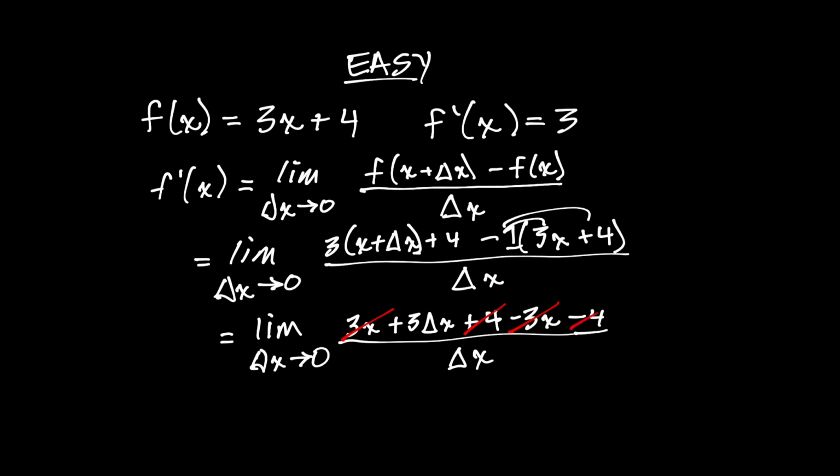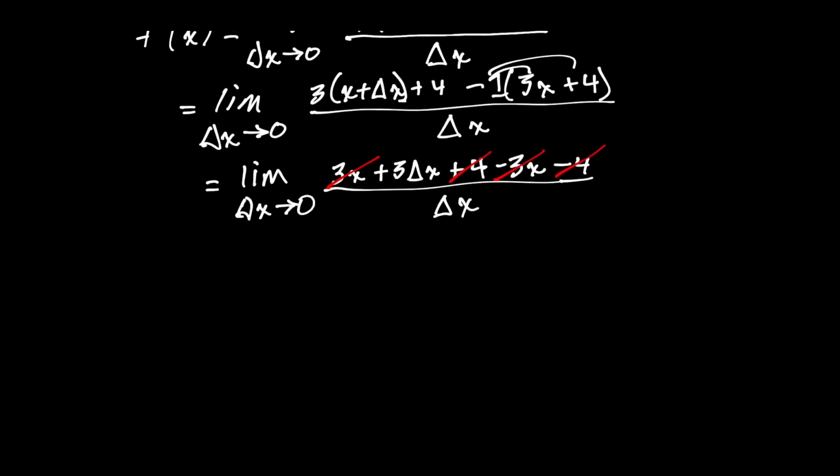Plus 4 minus 4, they add off to 0. So the only thing that we're left with is the limit as delta x approaches 0 of 3 delta x over delta x. Those are the only two things remaining.